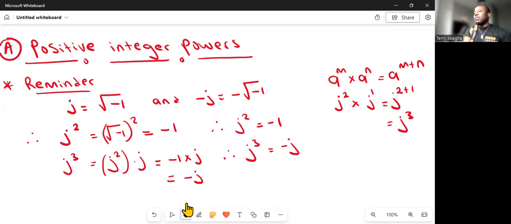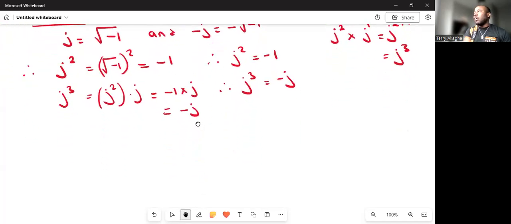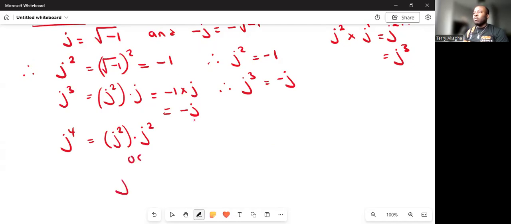The rest of it is just more indices you're going to be playing around with. If you have J raised to the power 4, it's the same thing as J raised to the power 2 times J raised to the power 2. Or you can put it another way: J raised to the power 2, all raised to the power 2.